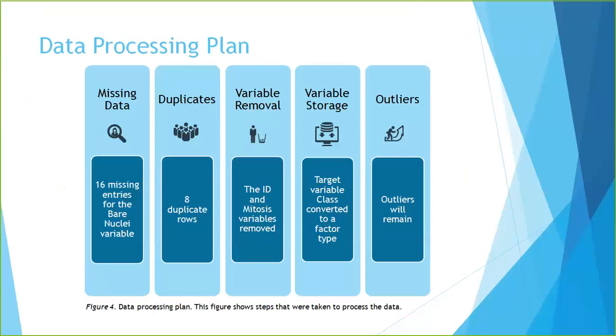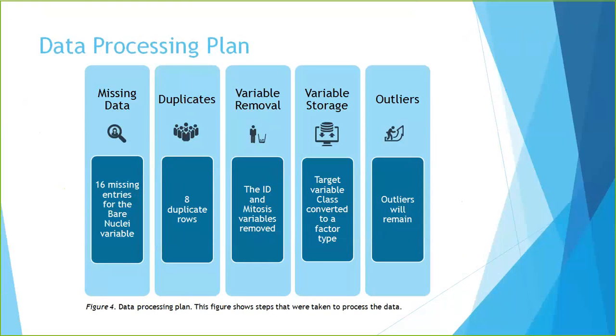This slide basically summarizes all of my data preparation. There were 16 records that contained missing values for the bare nuclei variable. And because cancer behaves so erratically, the records with missing values were removed entirely instead of inputting averages.